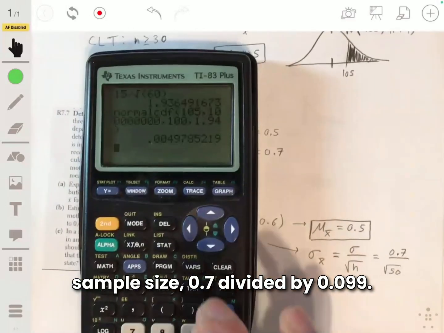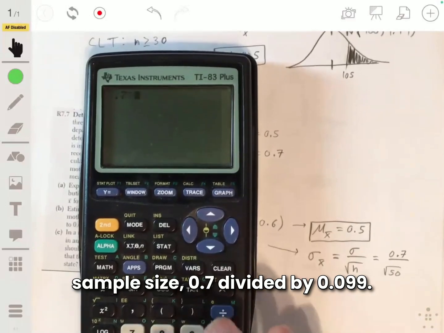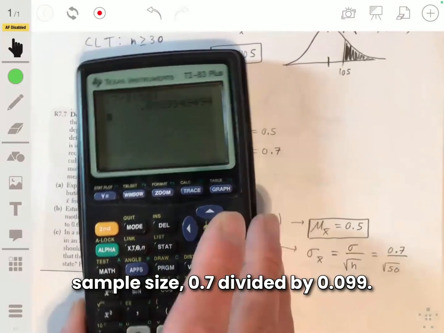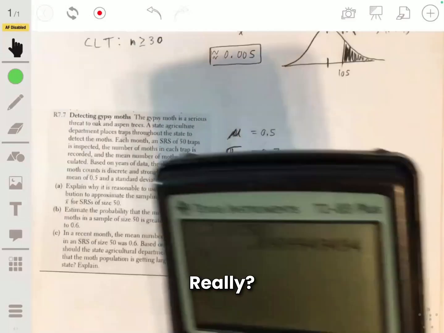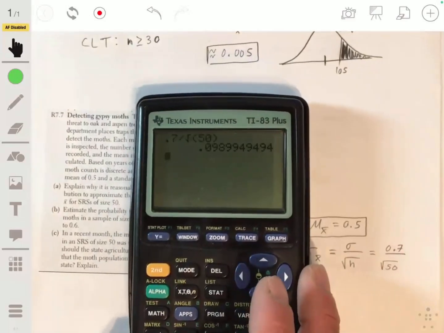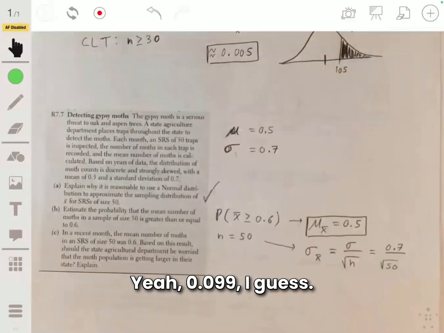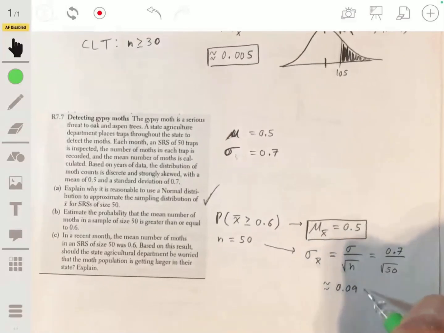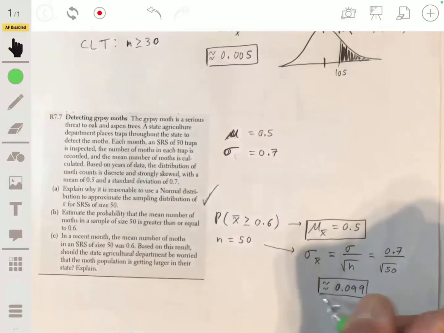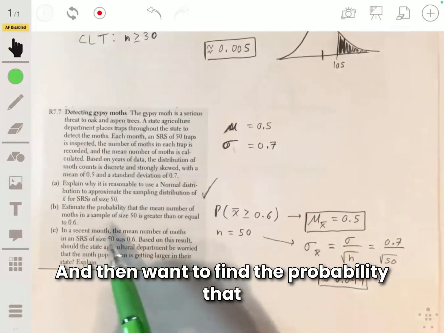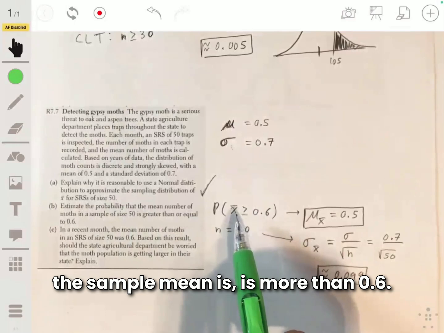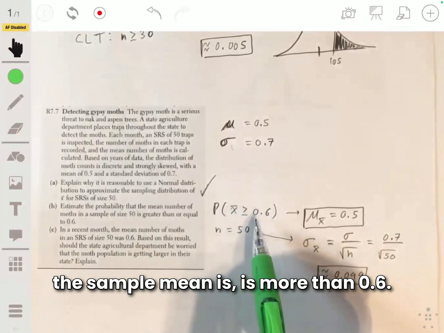0.7 divided by the square root of 50 is 0.099. Yeah, 0.099, I guess. And then we want to find the probability that the sample mean is more than 0.6.